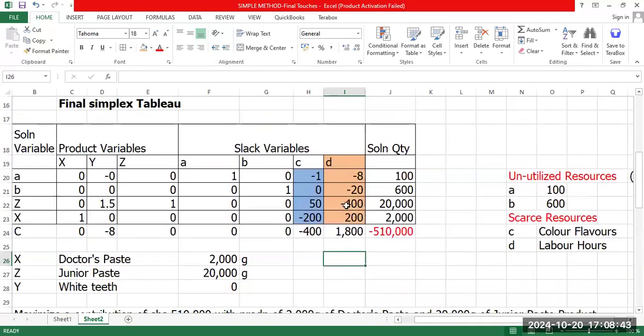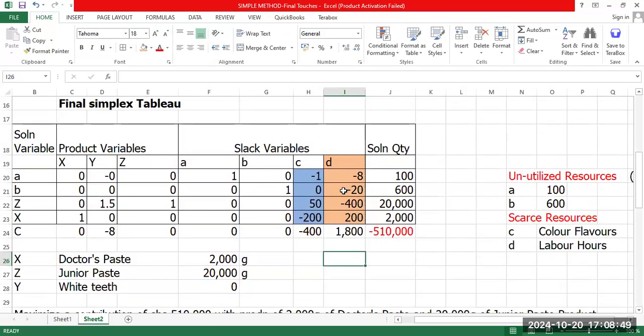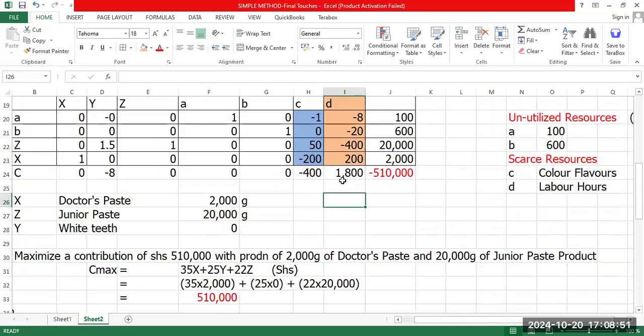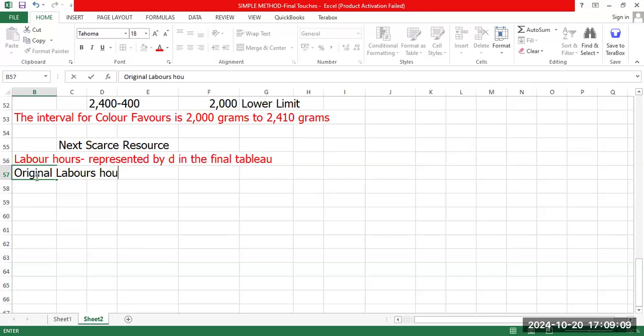We start by identifying. We start with negatives first. But before we start with negatives, what is the original value of labor hours? Original labor hours in the question?